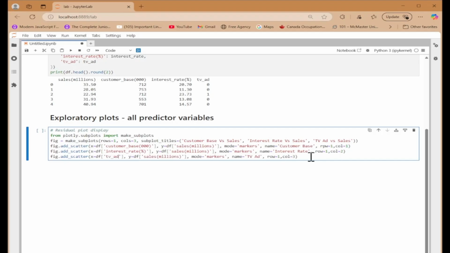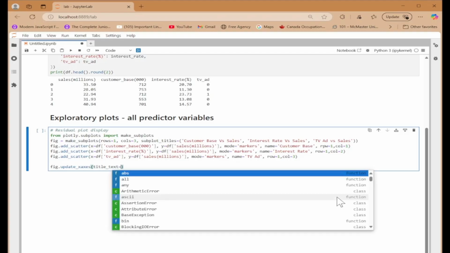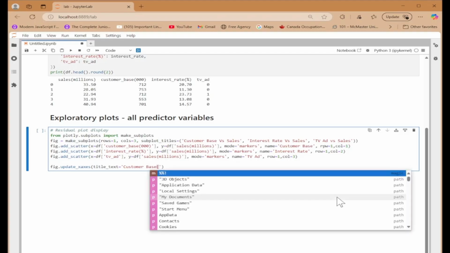Okay, so we sketched the 3 plots. Now we need to put the labels and make them lively. So for that, fig.update_xaxes, title_text equals "Customer base in thousands".